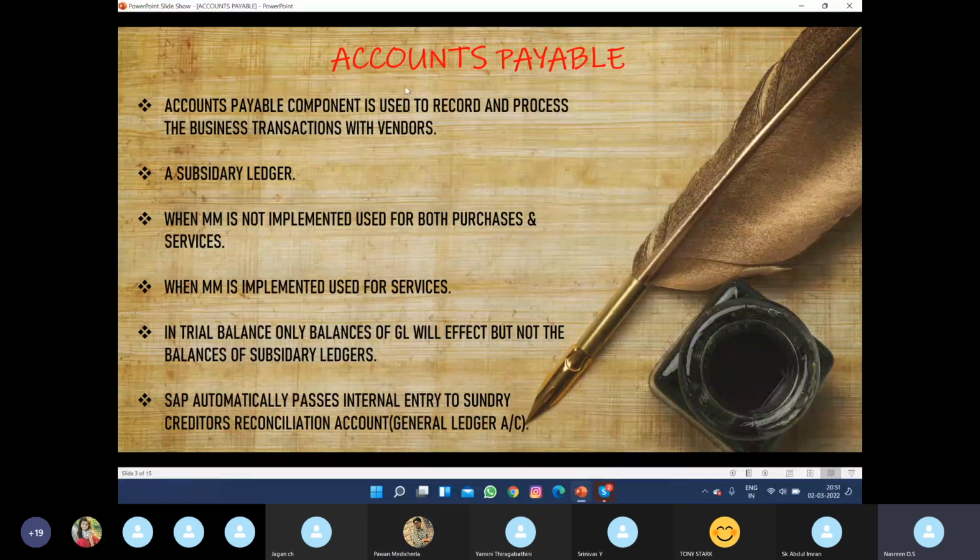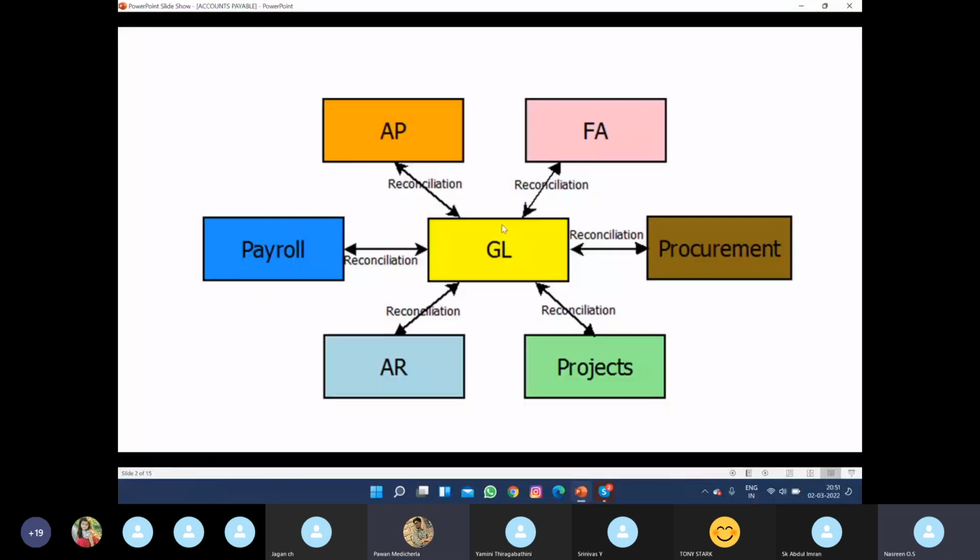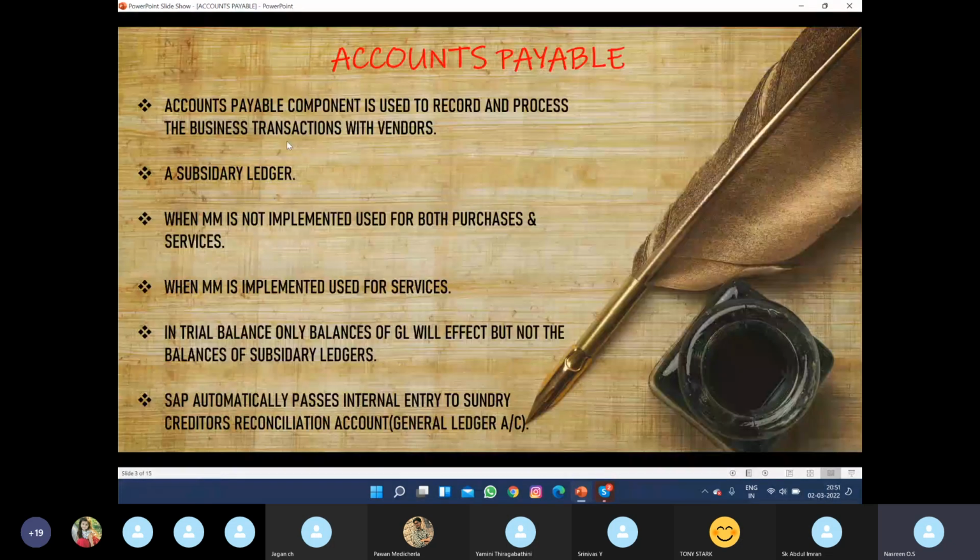It is also referred to as a subsidiary ledger. As we said earlier, GL is the main ledger and all these are subsidiary ledgers. Thus AP is also referred to as a subsidiary ledger. When MM is not implemented, it is used for both purchases and services.